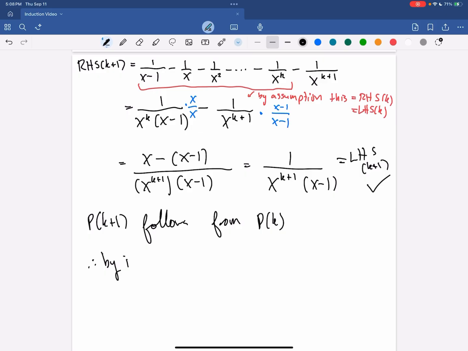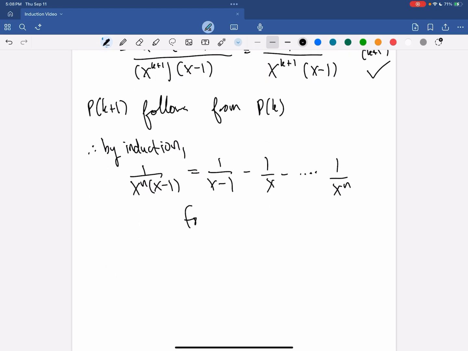Therefore, by induction, we can say that, okay, I'll write it all out. 1 over x to the n times x minus 1 is equal to 1 over x minus 1 minus 1 over x minus all the way to 1 over x to the n for all n greater than or equal to 1. And we still need that x can't be 0 or 1, which makes sense. Cool. Okay, so that's that one.